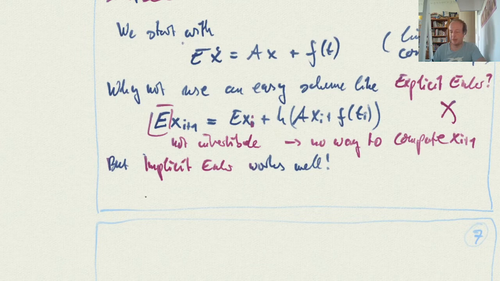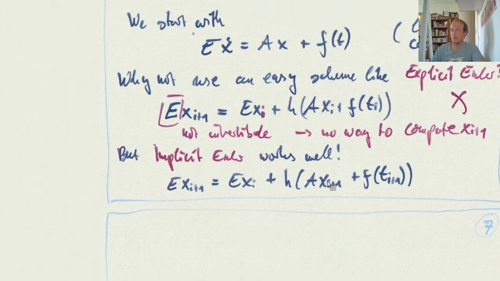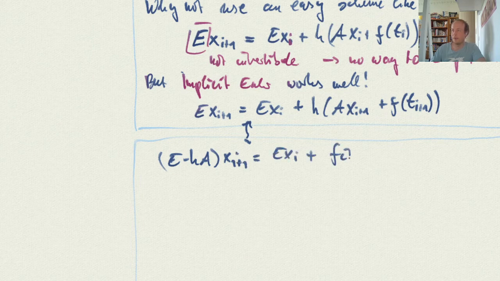Namely, here we will have again E x_{i+1} is E x_i plus h times A, but now we have the new value here, x_{i+1}, plus f of t_{i+1}, which will then become (E minus h A) x_{i+1} is E x_i plus f_{i+1}.